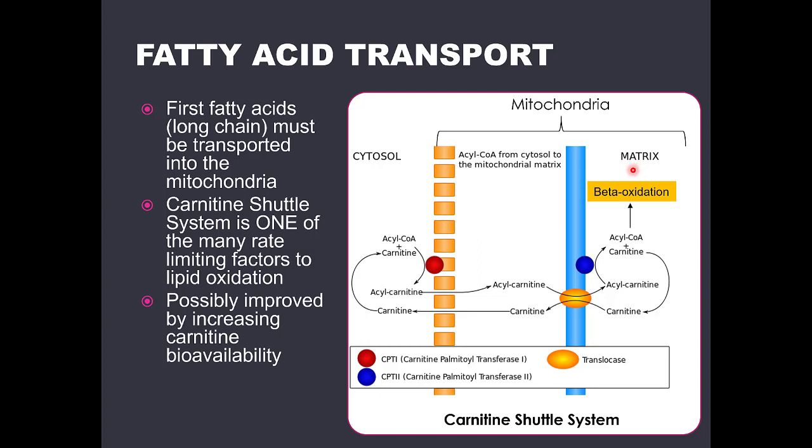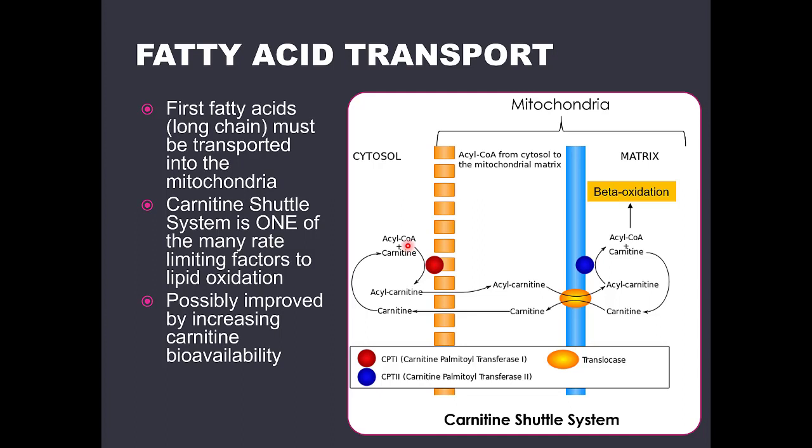So let's focus first on the left side here, outside of the mitochondria. Here we have a molecule called acyl-CoA, aka fatty acyl-CoA. This is not acetyl-CoA, but fatty acyl-CoA, which is different. And we call fatty acyl-CoA an activated fatty acid ready to be metabolized.